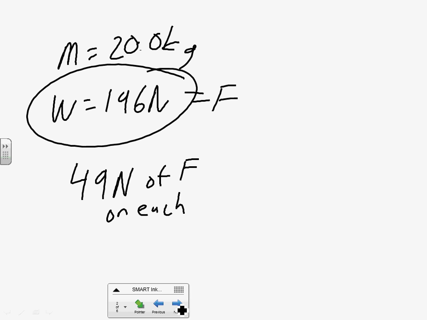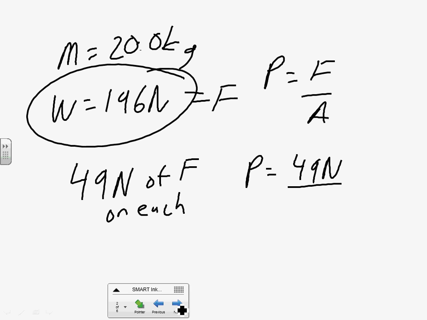You should know that pressure equals force divided by area. We're trying to find the pressure at each paw. So pressure equals the force acting on each paw, 49 newtons, divided by the area of each paw, which our problem tells us is 0.00250 square meters.